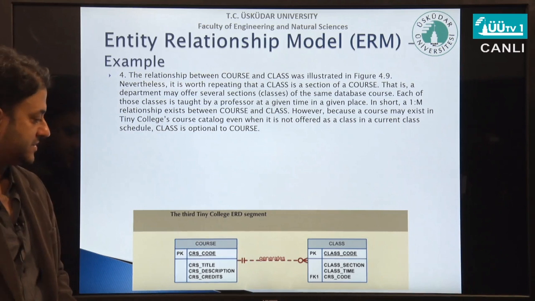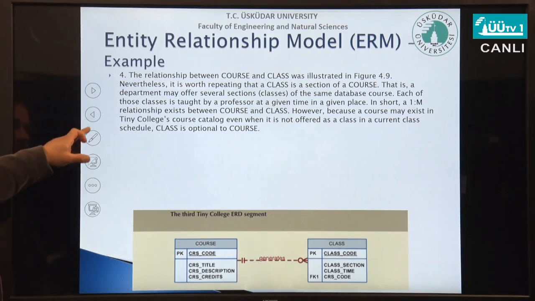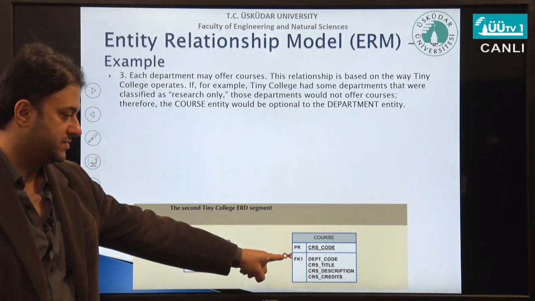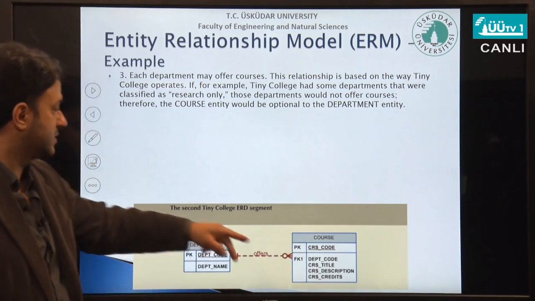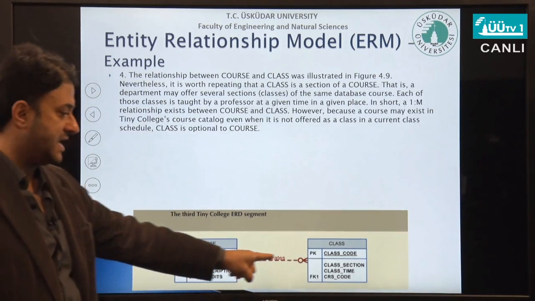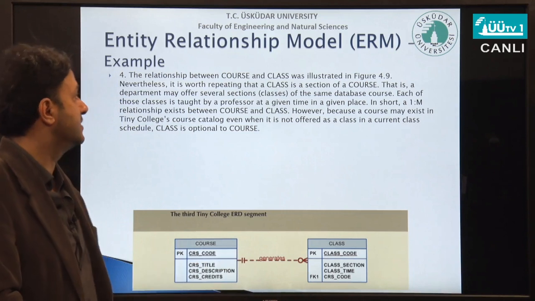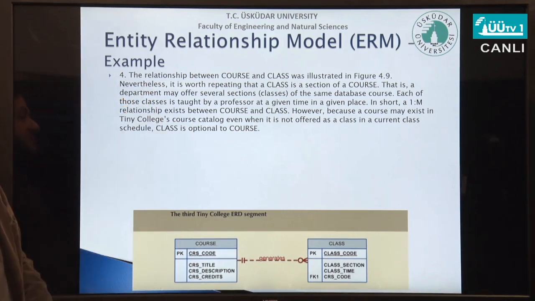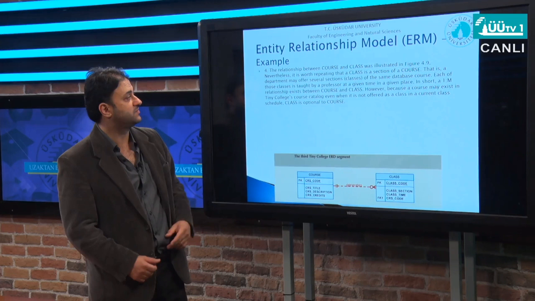Okay. Again, this is another relationship. You see the previous relationship, this is department offers courses. And now we go to courses and classes, the mapping between courses and classes. The relationship between courses and classes was illustrated in this figure.